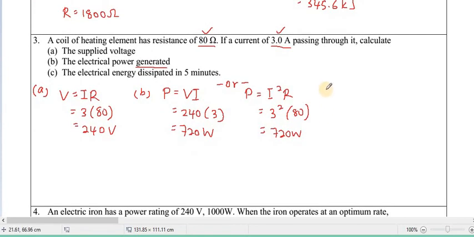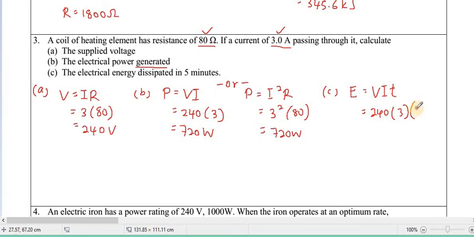Next, see the electrical energy dissipated in 5 minutes. Basically, it means the heating element used how much energy in 5 minutes. So energy is VIt. So the potential difference is 240, the current is 3.